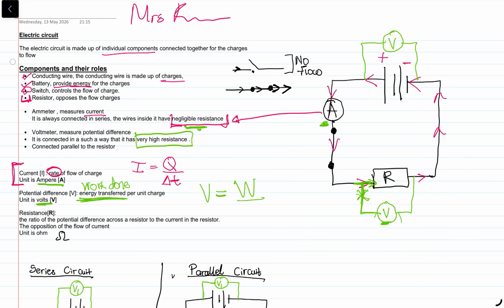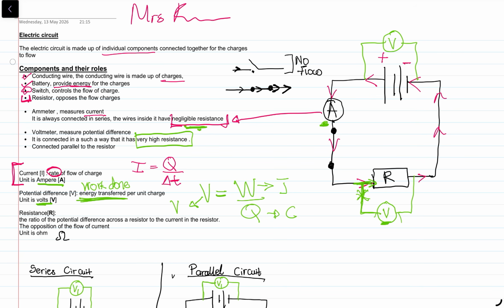So V equals W over Q. Your charge is in coulombs, and your energy in joules. Then V is your potential difference. So that is it about the potential difference.